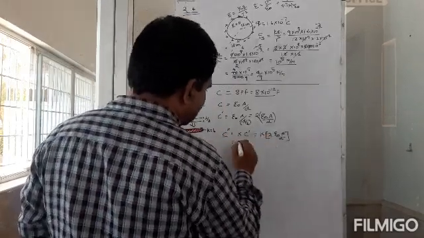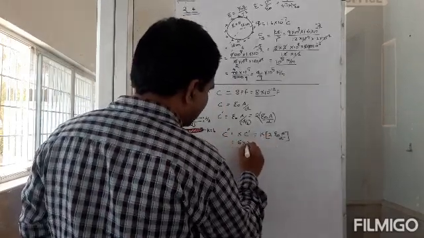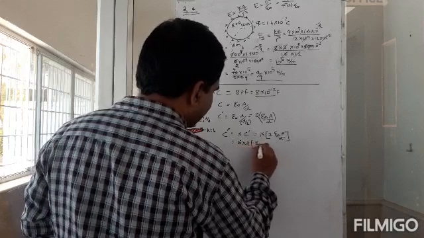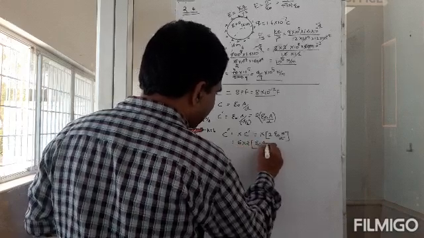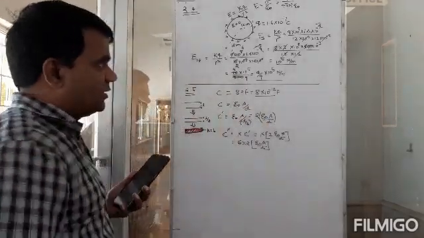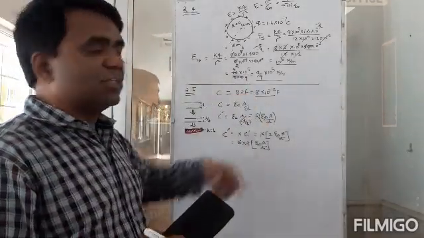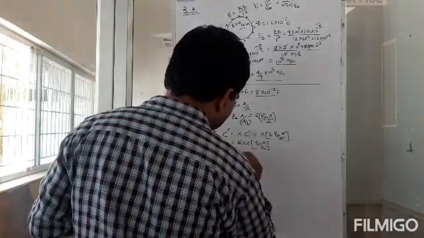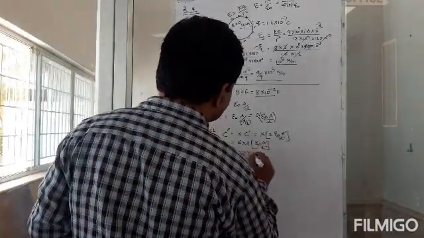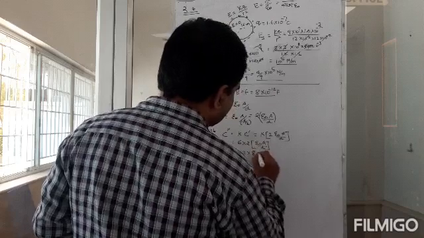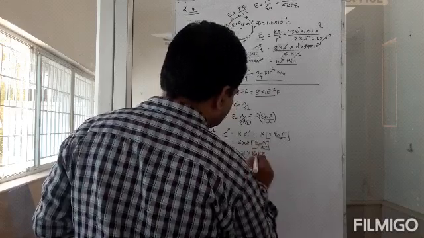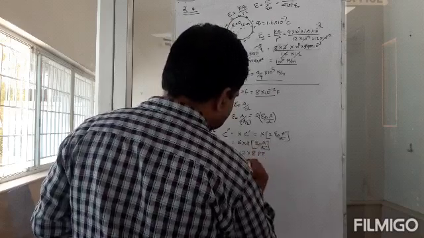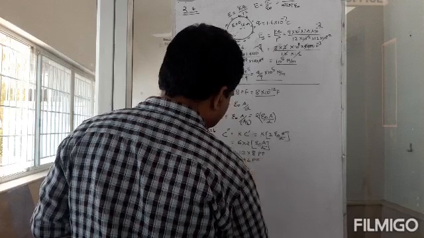K is 6. 6 into 2 into epsilon naught A by D, which is the original capacitance, right? What is that? That is 8 into 10 to the power minus 12 farads. So I got 12 into 8 picofarads. So that would give me 96 picofarads.